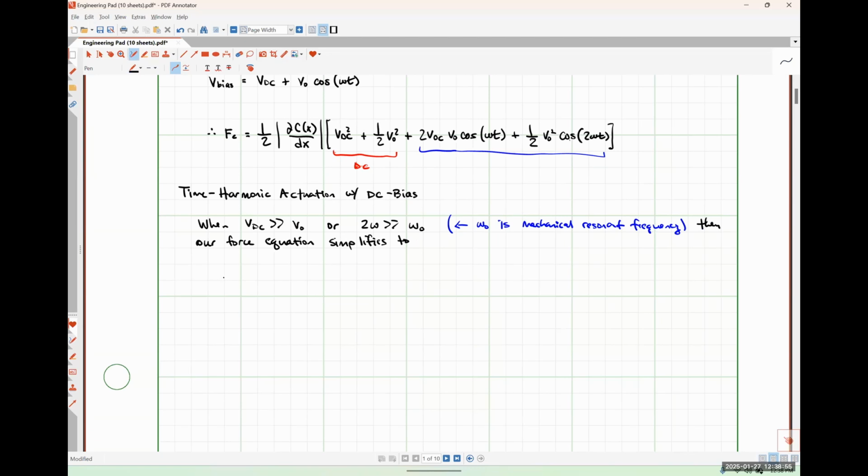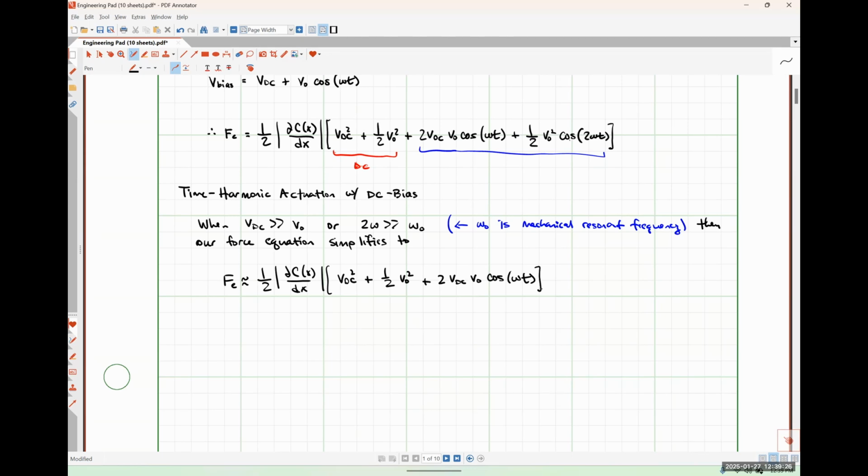Our force equation will have 1/2 times the derivative of our capacitance with respect to position times VDC squared plus 1/2 V naught squared plus twice VDC V naught cosine of omega t.